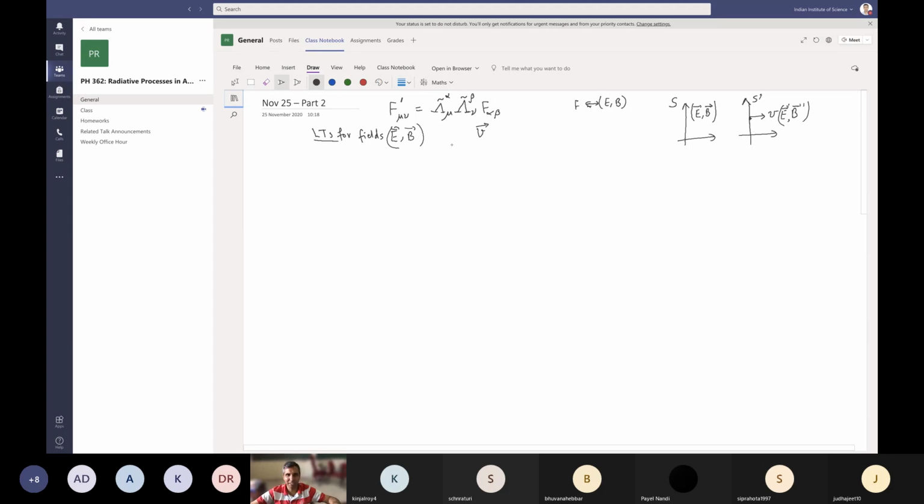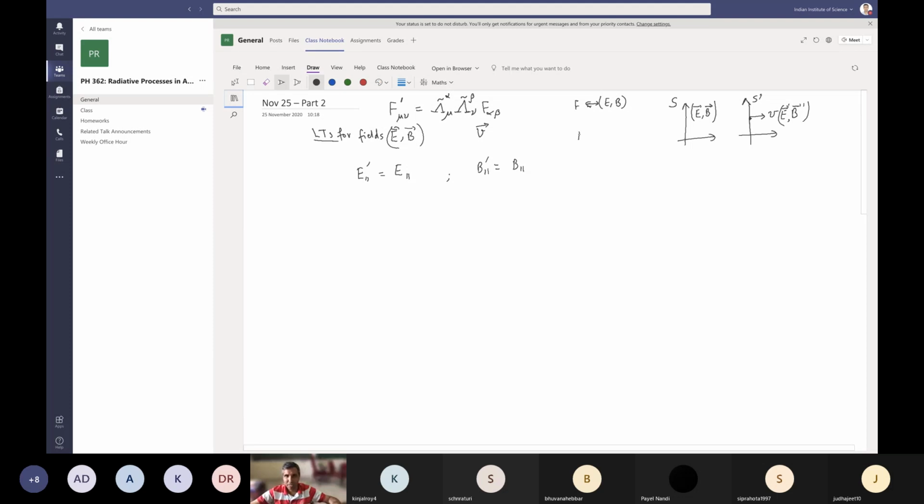But if we express it in the more usual way, what do we get? E parallel prime is equal to E parallel, and B parallel prime equals B parallel. What does it mean? Parallel is with respect to v.